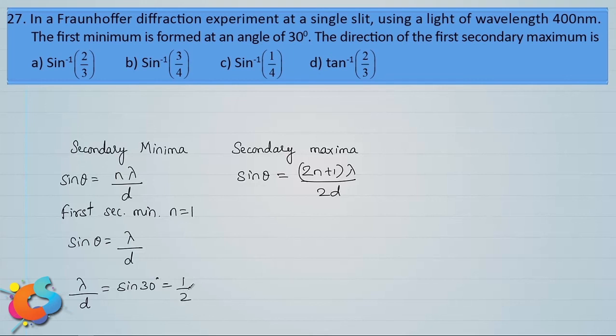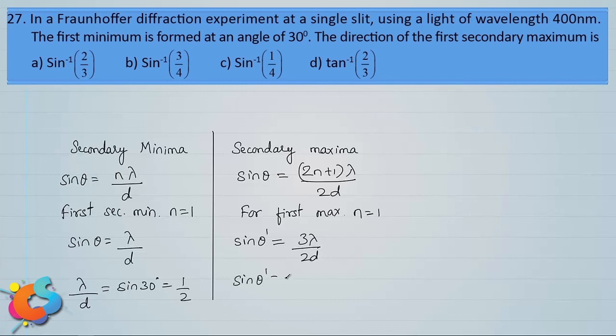Now, I'll go to secondary maxima. For first secondary maximum, the value of n is again 1. So let me call this angle theta dash. Therefore, sine theta dash is equal to, in place of n, when you substitute 1, you'll get 3 lambda divided by 2d. Therefore, sine theta dash is equal to 3 by 2 times lambda by d.